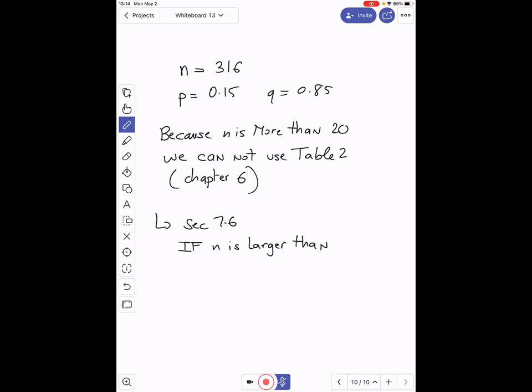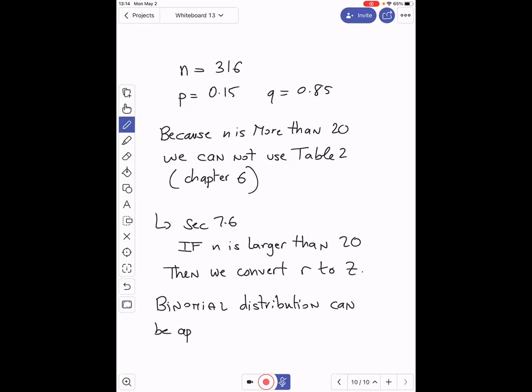The binomial distribution can be approximated by a normal distribution when n is large.